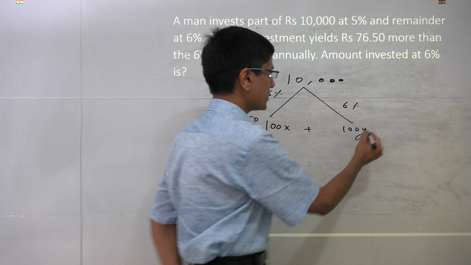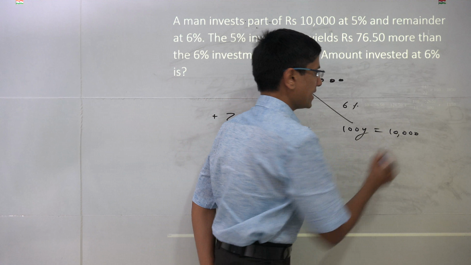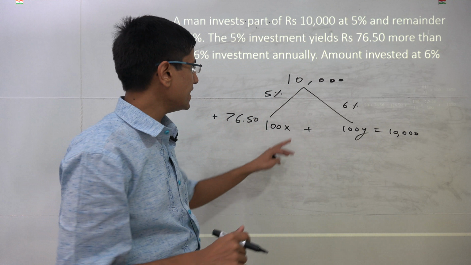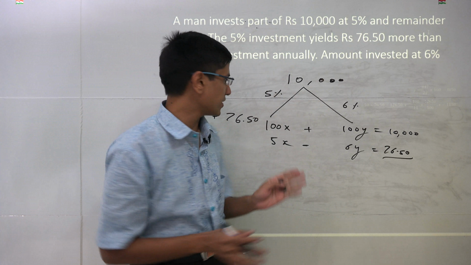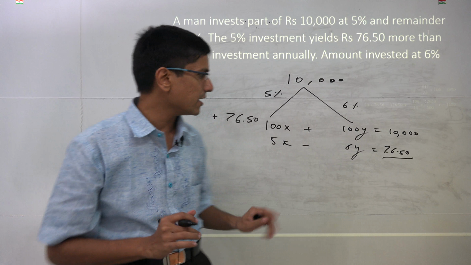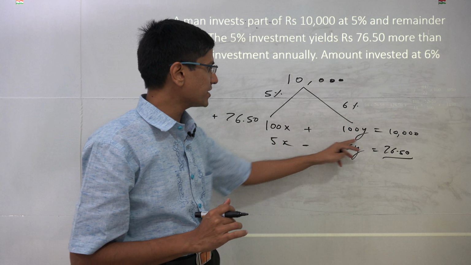They would say 100x plus 100y is equal to 10,000, and then calculate interest on this 100x, which would be 5x, and this would be 6y, and the difference between their interest is given as 76.50. Ultimately they would solve these two equations in two variables and arrive at a value of y. This is how most students would do it.